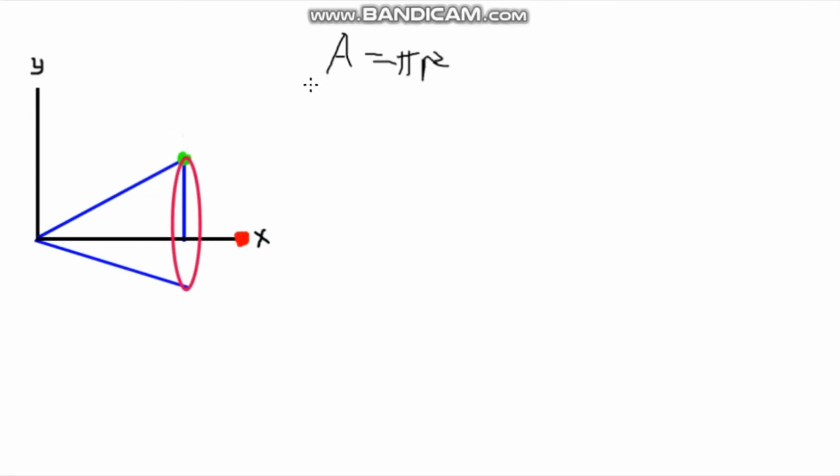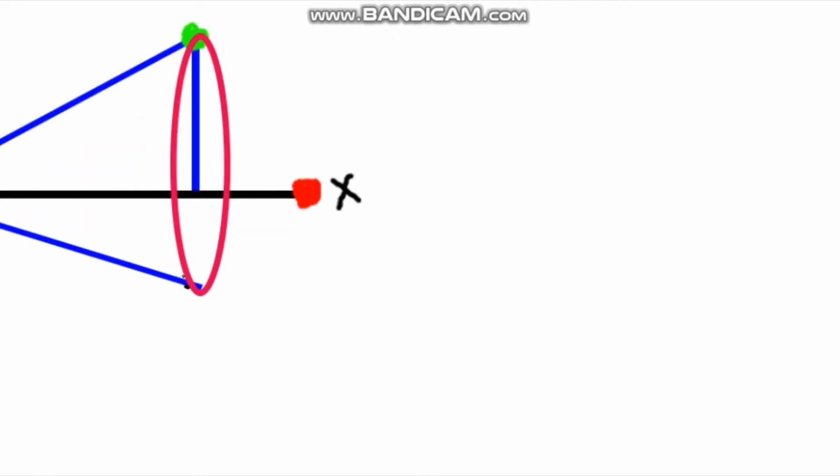Now that we have the area of this circle, let's add a little bit of depth to that circle so that it becomes a very thin cylinder. We are going to try to find the volume of that cylinder, and then we are going to continue.